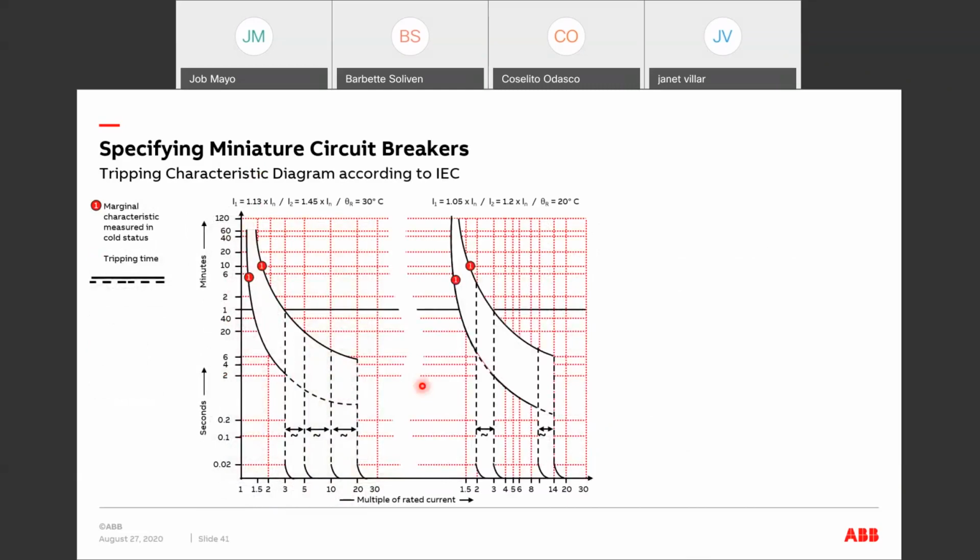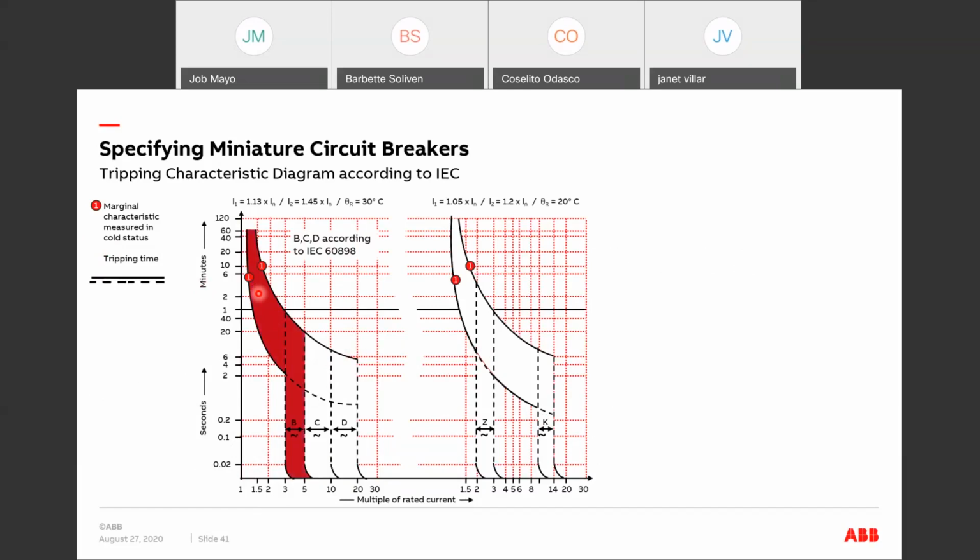So for the tripping characteristic diagram, according to the IEC, we have the B curves, the C curves, and the D curves. And we have another two, which is used for more sensitive circuits, which is the Z curve, and the K curve for a more rugged, more transient heavy protection, this one. So as you can see, the marginal characteristic measured in cold status is this area.